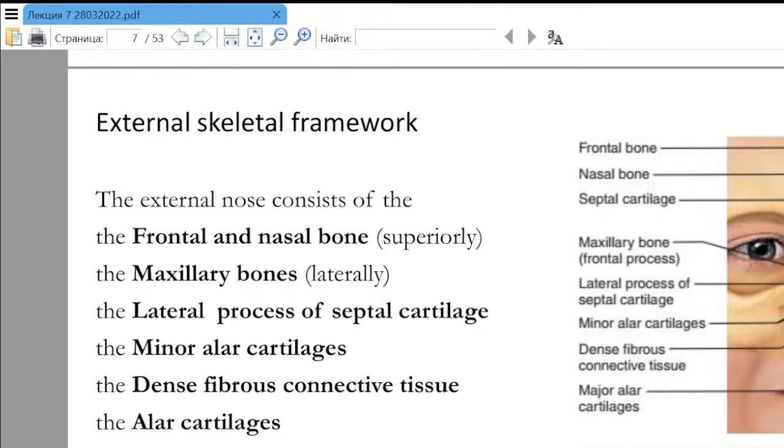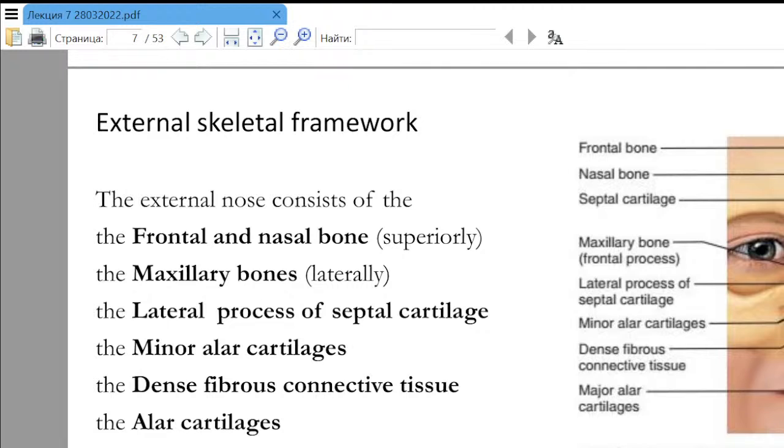Next, maxillary bones. This is the frontal process. Lateral process of septal cartilage. Septal cartilage, and lateral process of septal cartilage. This is right and left.